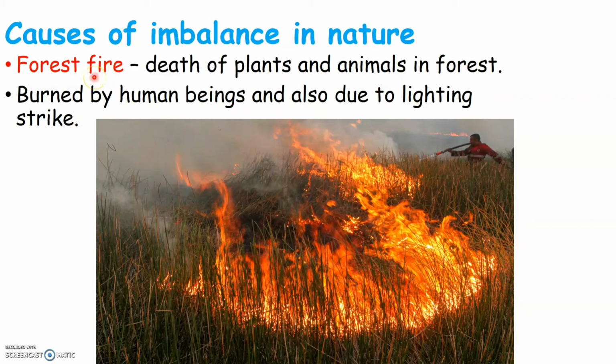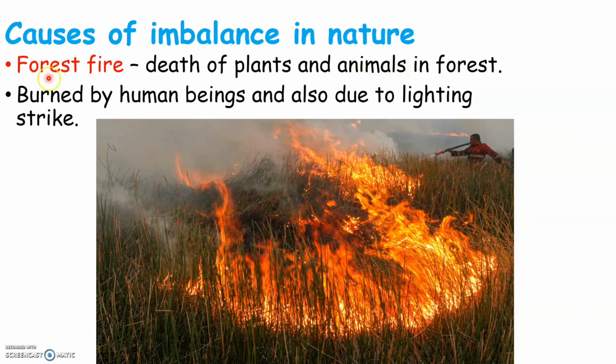So forest fire can kill plants and animals that are living in the forest. Now when these plants or animals are killed, it will create an imbalance in nature. Forest fire will also cause air pollution, and again this air pollution will affect the life of plants and also animals.